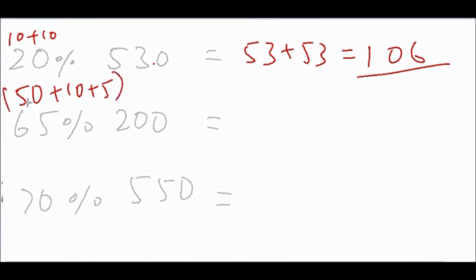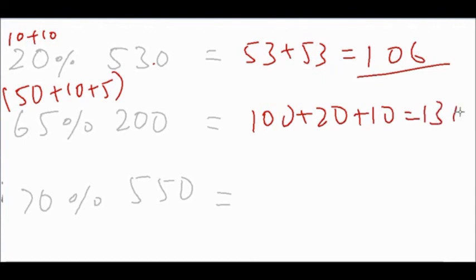Now 50% of 200 is 100. 10% of 200 is 20. 5% of 200 is half of 20, which is 10. So the answer is 100, 120, 130. 130. Easy.